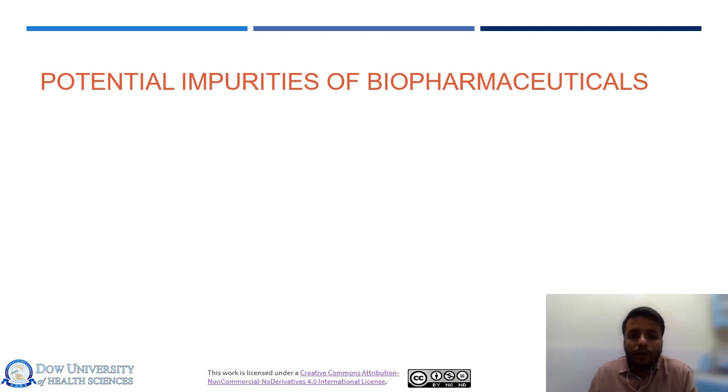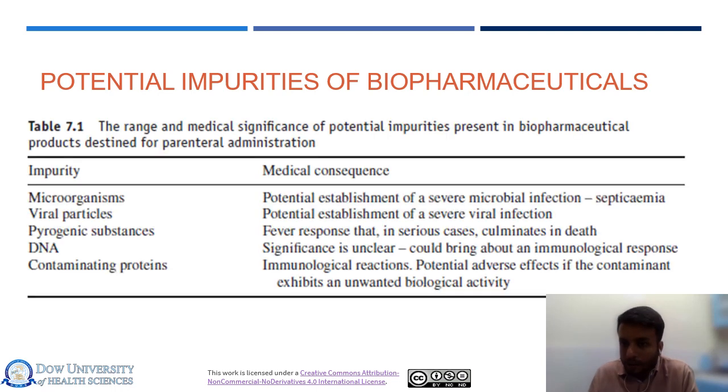Talking about the potential impurities of biopharmaceuticals, the most significant risk can be from microbial organisms. The most significant risk associated with microorganisms is contamination or the establishment of a severe microbial infection such as septicemia. As you know, microorganisms can arise from various sources.